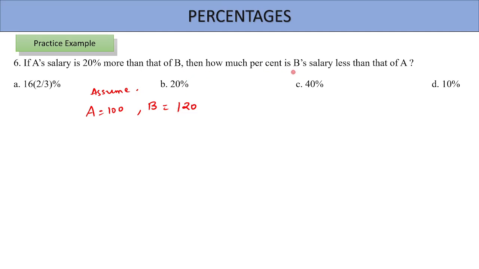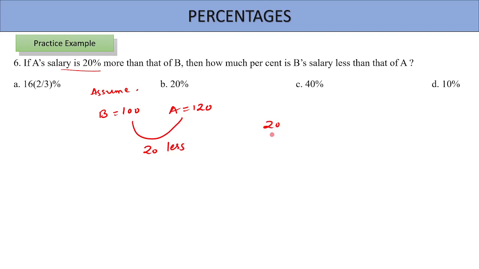Sorry guys, my bad, A salary is 20 percentage more than B salary. So assume B salary is 100 and A salary will become 120. Then how much percentage is B salary less than A salary? So I see that B salary is 20 less than A salary.